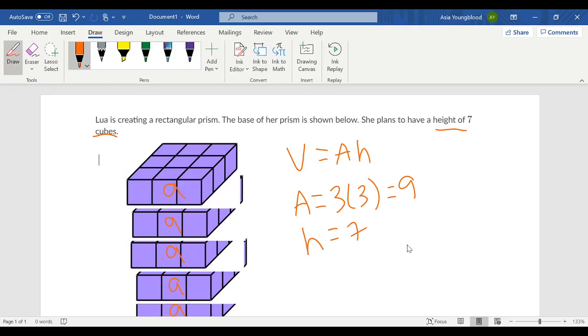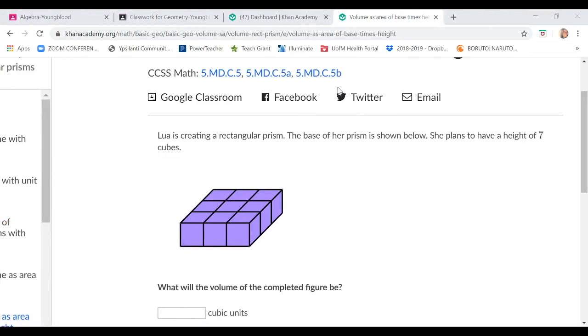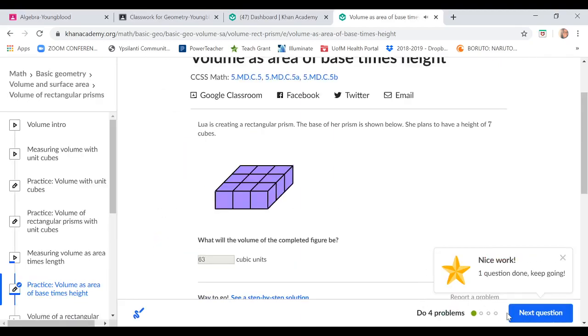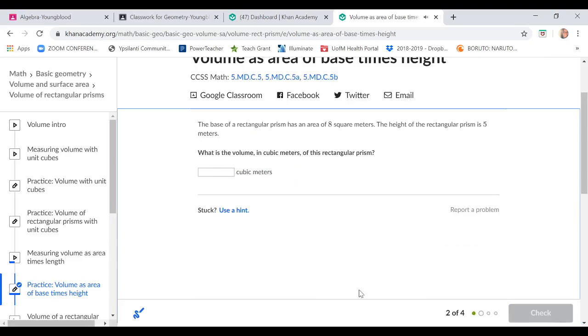So this volume is going to be 63 cubic units. We would have 63 cubes in that shape. Let's go back to our browser and type that in to make sure we're right. 63 cubic units. Nice. Let's go to the next one.